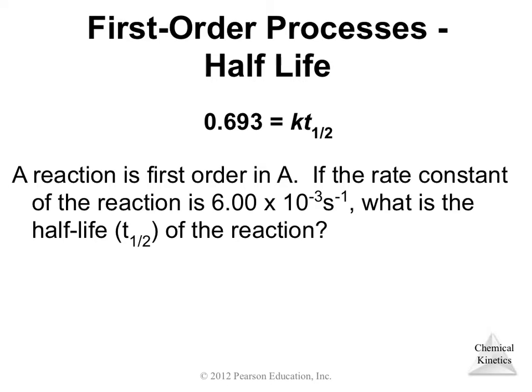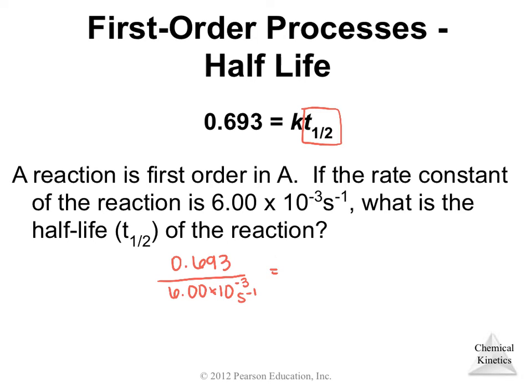Okay, so let's look at this. The reaction is first order in A. If the rate constant of the reaction is 6 times 10 to the negative third seconds to the negative 1, what is the half-life? So we're looking for half-life here. We're going to do 0.693 divided by k, which is 6.00 times 10 to the negative third seconds to the negative 1.